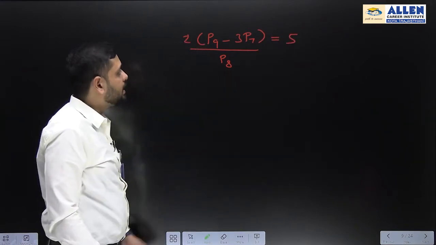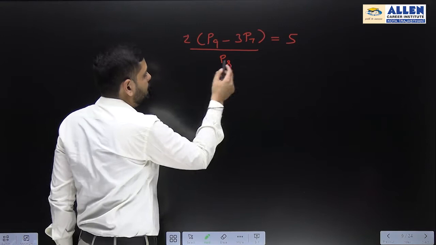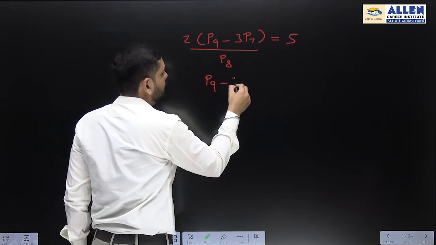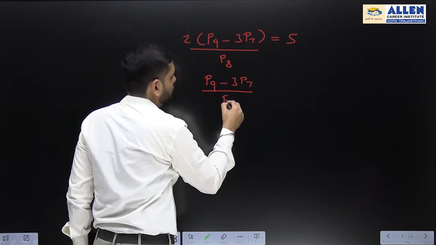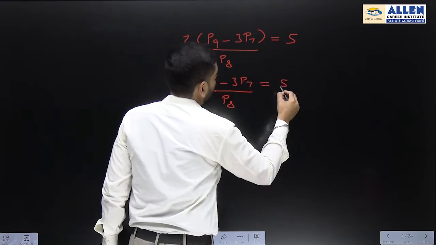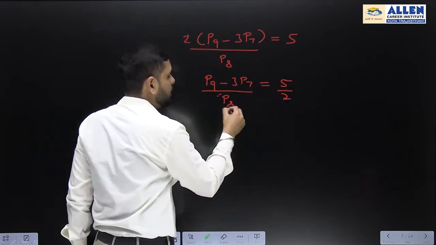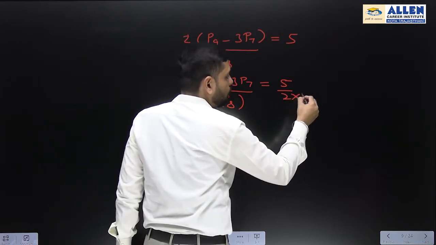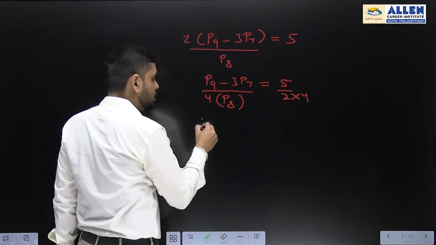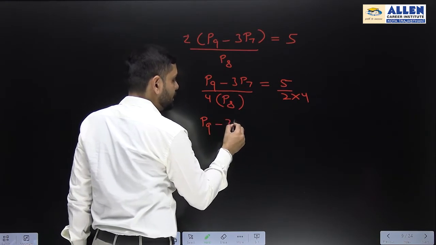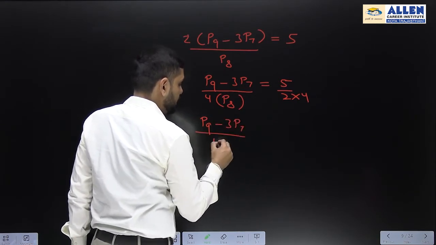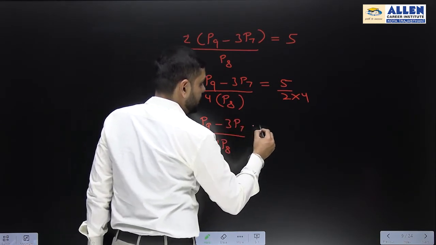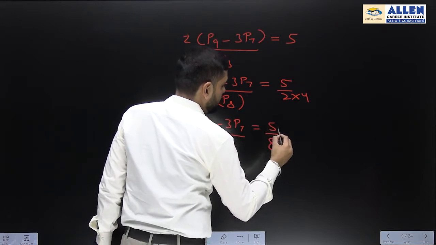This is what we get after taking 2 common, and now we'll divide by 2, so we get (P9 minus 3 P7) upon P8 equal to 5 by 2. But we require 4 P8, so we'll multiply by 4 on both sides in the denominator. So finally we'll get (P9 minus 3 P7) divided by 4 P8 equal to 5 upon 8.